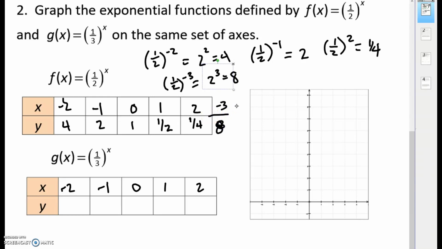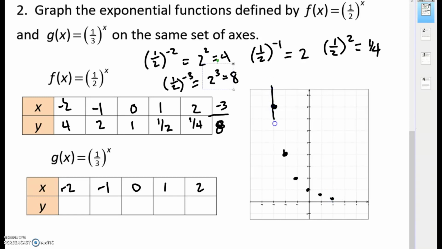So let's graph those. I've got -3, 8. -2, 4. -1, 2. 0, 1. 1, 1/2. 2, 1/4, which is here.